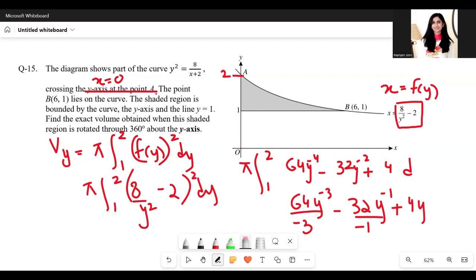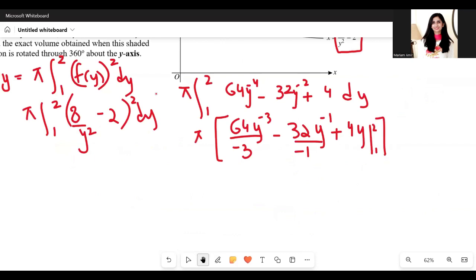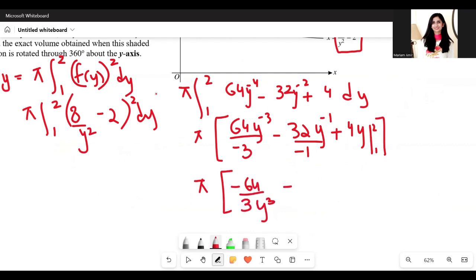This was supposed to be y, this was a typo. Now there's a pi outside and we have to apply limits 2 to 1. Let's simplify this before applying limits. So we have negative 64 upon 3 y cubed plus 32 upon y plus 4y. And now we substitute 2 and 1.